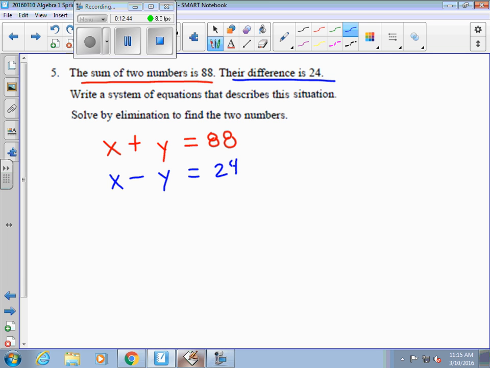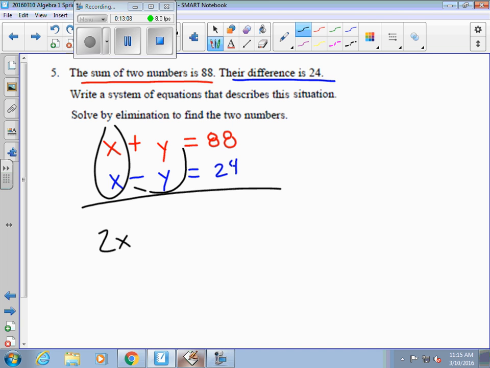We have two equations right now. Remember, when you're using the elimination method or combination method, you have to check to see if they're stacked correctly. X's are on top of x's, y's are on top of y's, constants on top of constants, and you have opposite coefficients. We have them stacked, and we have opposite coefficients, negative y and positive y. When we combine these here, x and x, we get 2x.